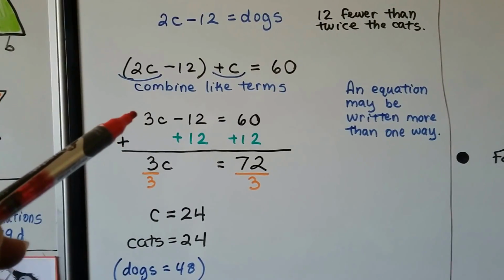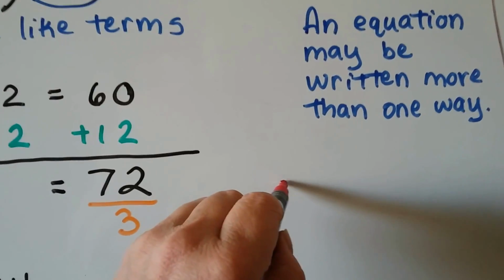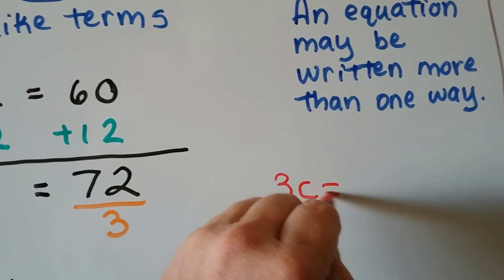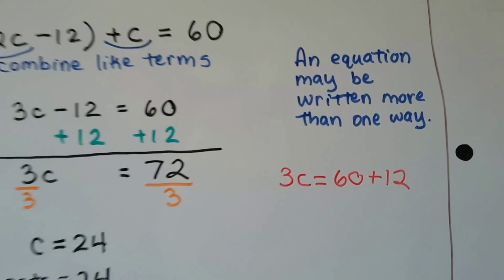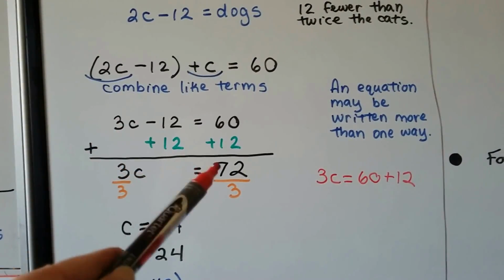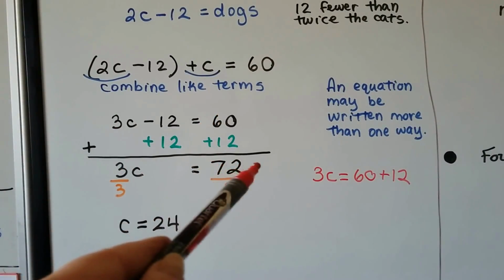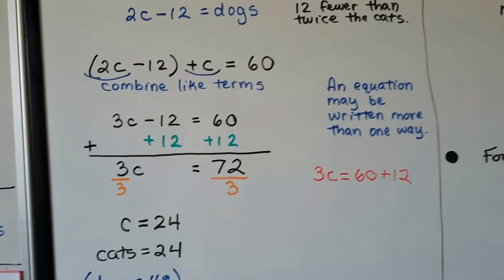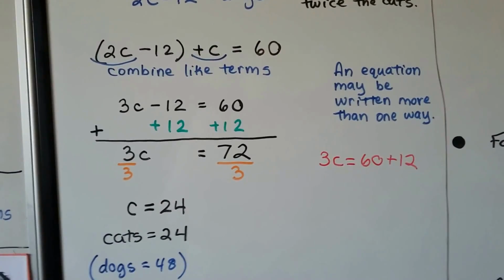It could also be written as 3C equals 60 plus 12. That could be another way of writing this, because when we drop this down, this 3C, it could be 60 plus 12 instead of 72, see? So it can be written in more than one way, so we have to be careful.